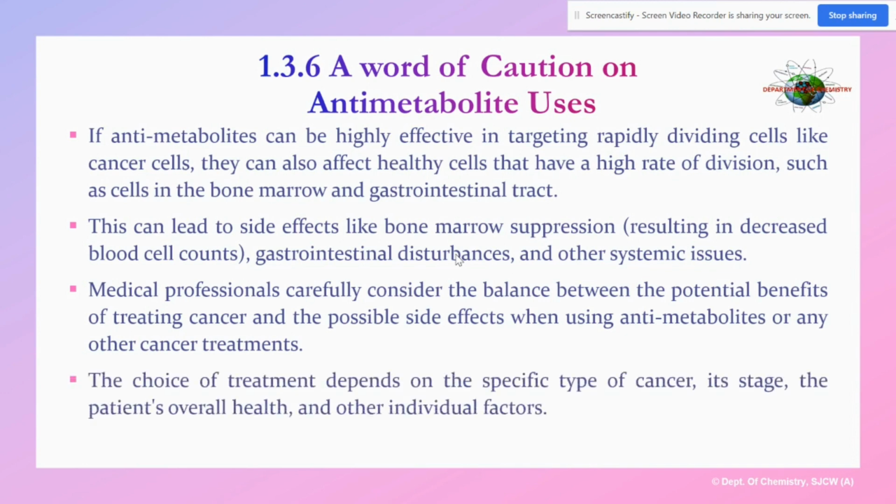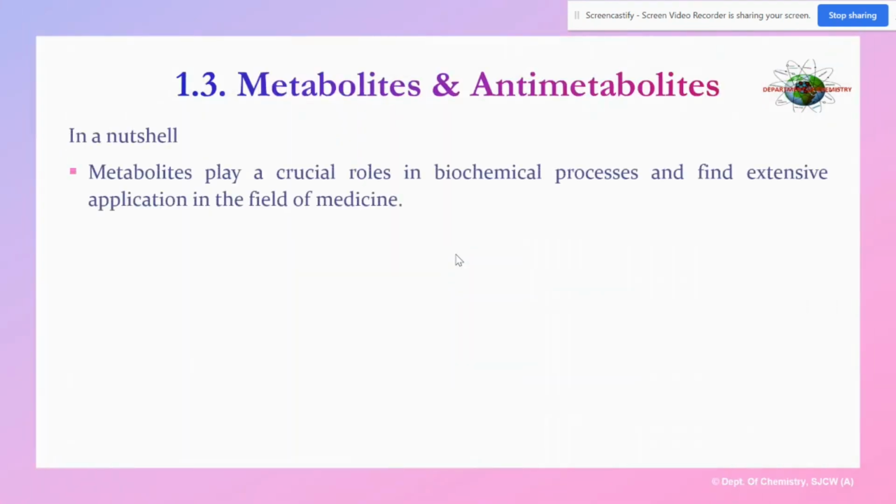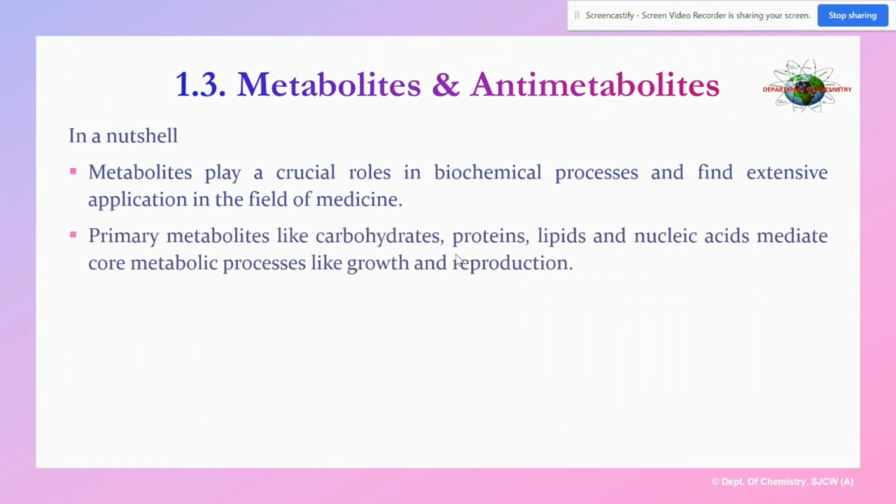The choice of treatment depends on the specific type of cancer, its stage, the patient's overall health, and other individual factors. In a nutshell, in this chapter, we have learned that metabolites play a crucial role in biochemical pathways and they find extensive application in the field of medicine.